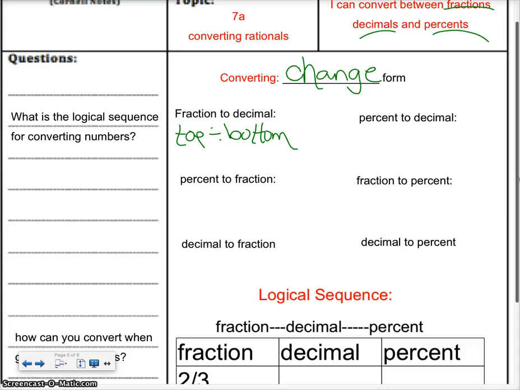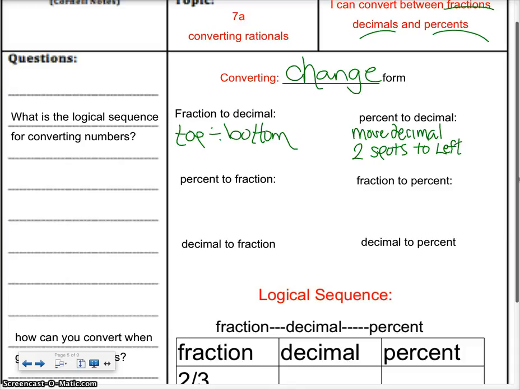How do you turn a percent to a decimal? Keegan? Maybe not. Maybe you need to review. Paige? Yes, move the decimal 2 spots to the left.